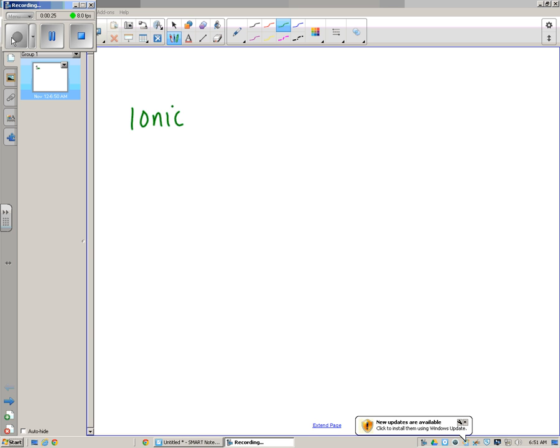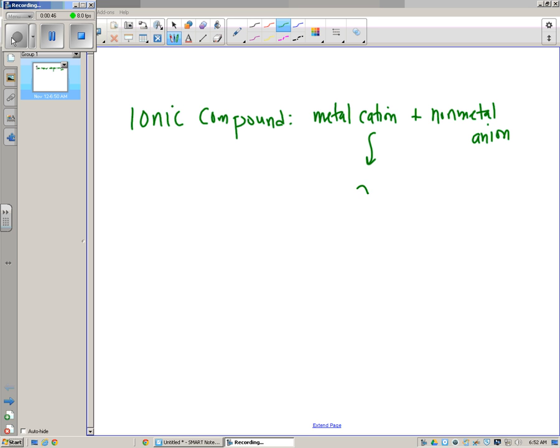So we learned in class that an ionic compound consists of a metal cation and a nonmetal anion. Remember, an ion is just a charged particle, so a cation, remember the cat, is a positively charged particle, and an anion is a negative ion.